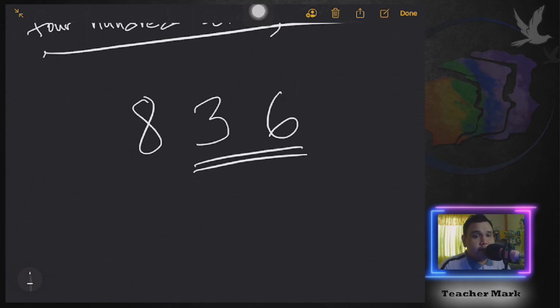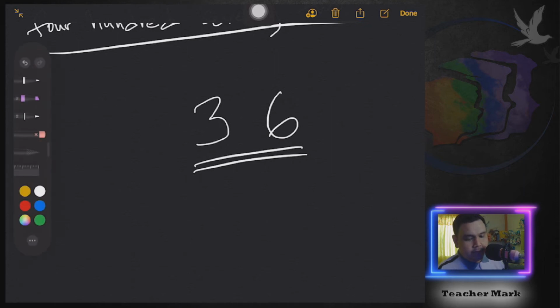I would consider them the best friends because it will be easier for you to read them as one. So in this case, 3 and 6 together alone, if 8 is not included there, you can say that the digit given now is just 36.